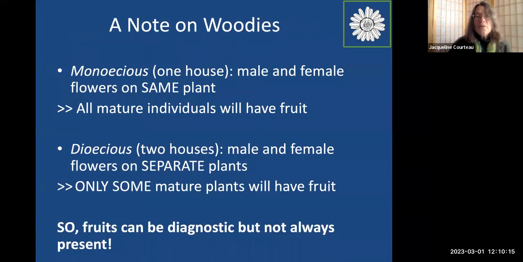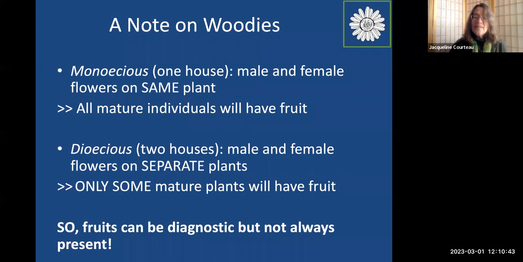And then just a quick note on woody plants. It's important to be aware that there are two styles of woody plants. One is called monoecious, which means one house in Latin. Male and female flowers are on the same plant, which means that all mature individuals will actually have fruit. Whereas dioecious plants, that means two houses, have the male and female flowers on separate plants, and so only some of the mature plants will have fruit.